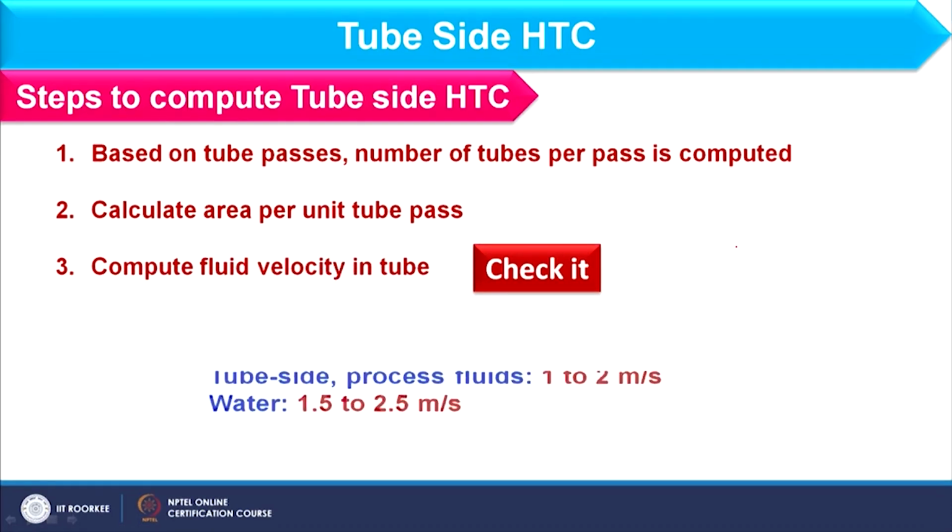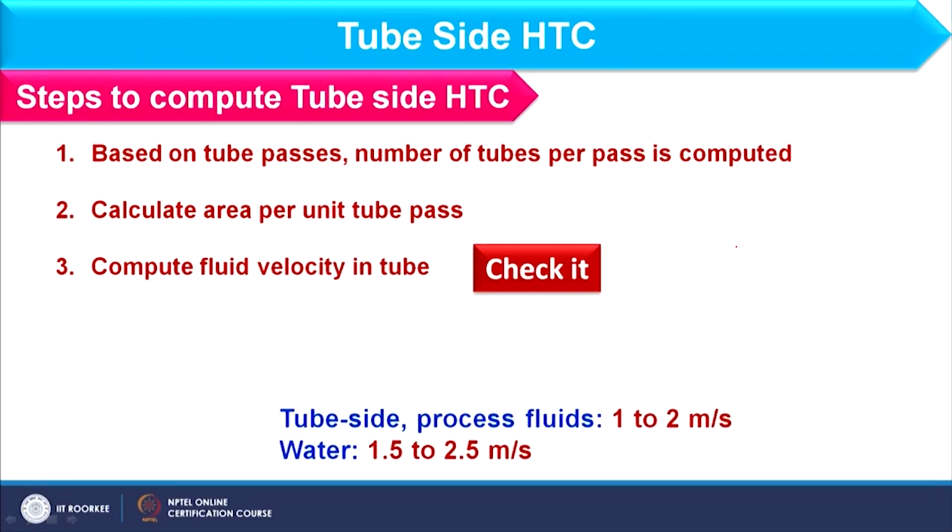Okay. So, here you have to match with this, like the tube side process fluid should have a velocity of 1 to 2 meter per second. So, whatever velocity you obtain over here, if it is for a process fluid, it should be within 1 to 2 meter per second, and if it is for water, it should lie from 1.5 to 2.5 meter per second.